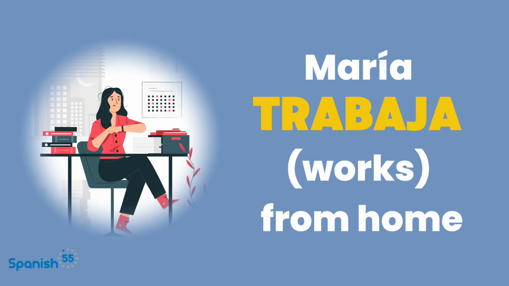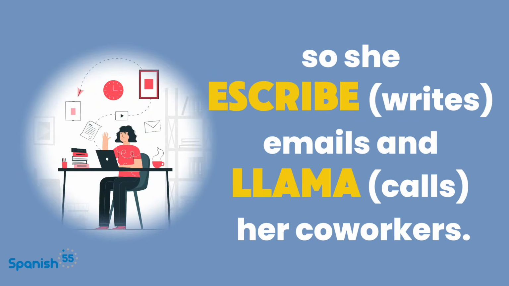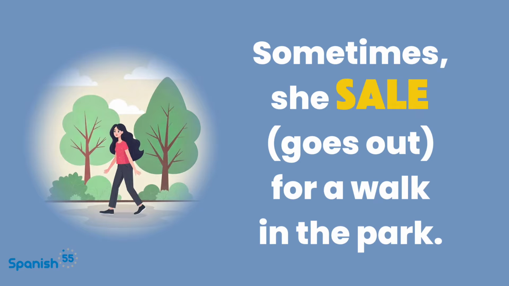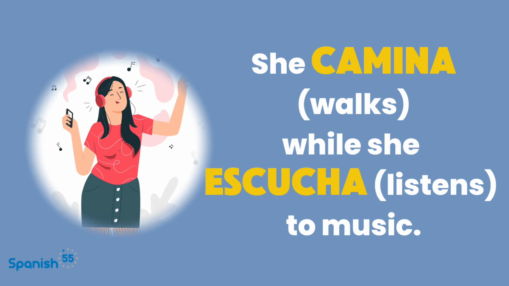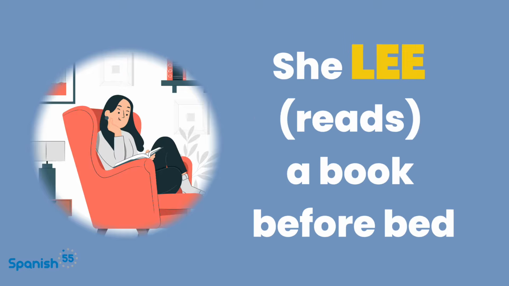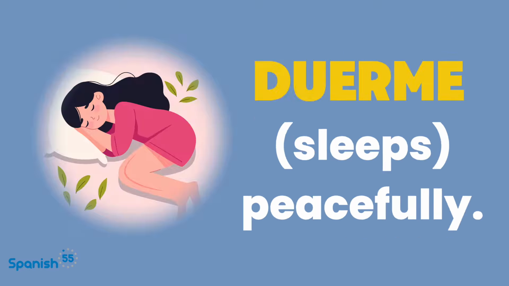María trabaja from home. So she escribe emails and llama her coworkers. Sometimes she sale for a walk in the park. She camina while she escucha to music. In the evening, Maria regresa to her house and descansa for a while. She lee a book before bed and duerme peacefully.